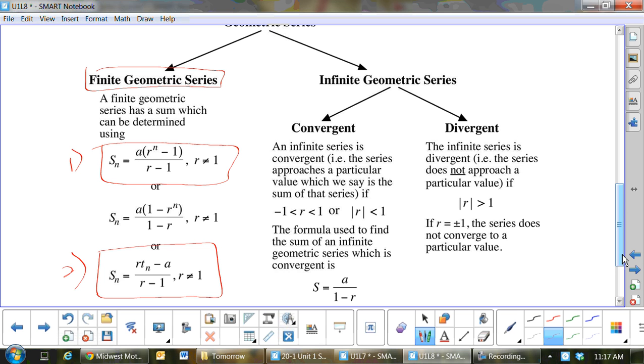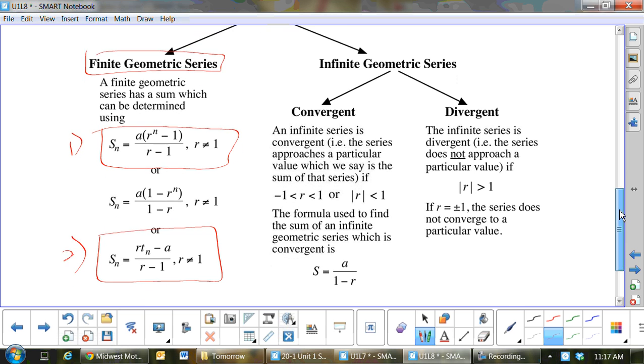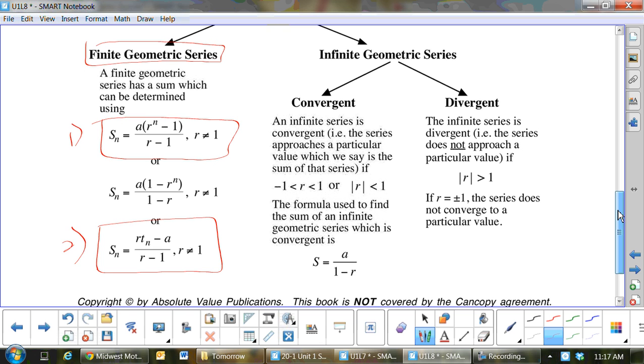They just switch that around. Remember, finite, they end, so you use those two. Now for infinite, if it's convergent, you want to use this formula here, S equals A over 1 minus R. If it's divergent, there is no sum. Sum doesn't exist for something that just keeps going forever.